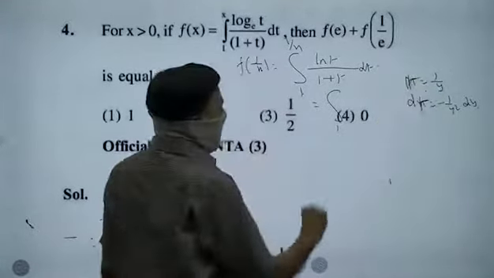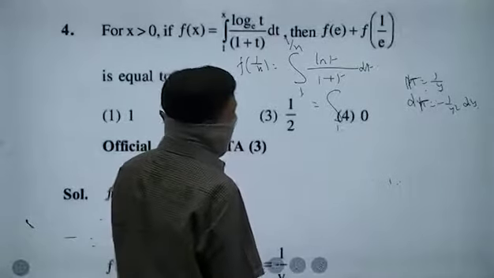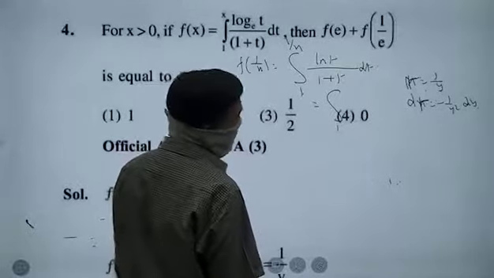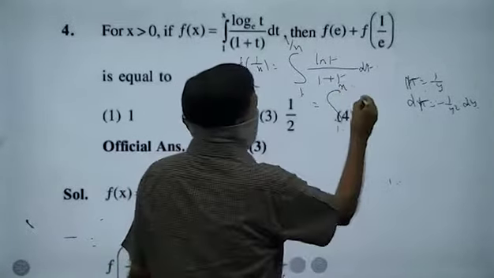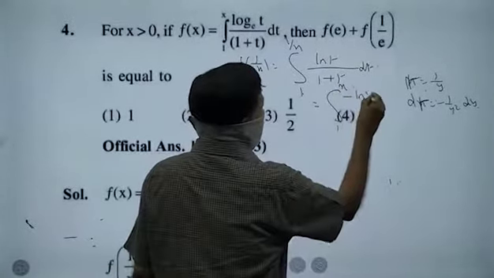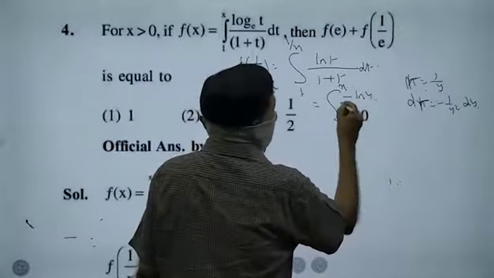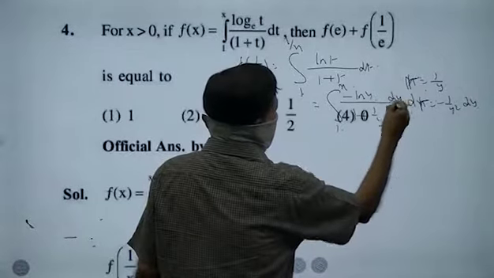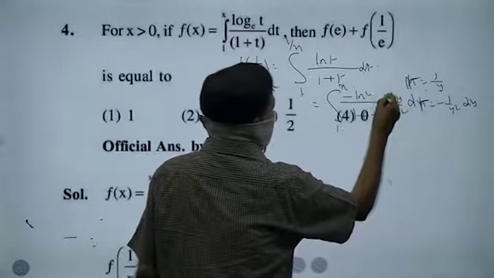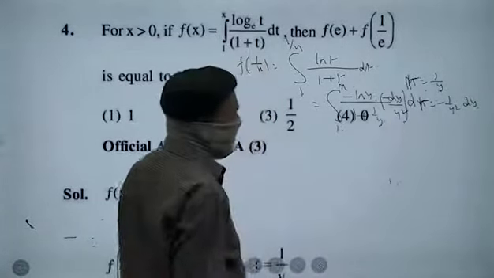When t is 1, y is 1. When t is 1 by x, y is what? x. Then you are going to get minus ln y by 1 plus 1 by y dy by y square with a negative sign.